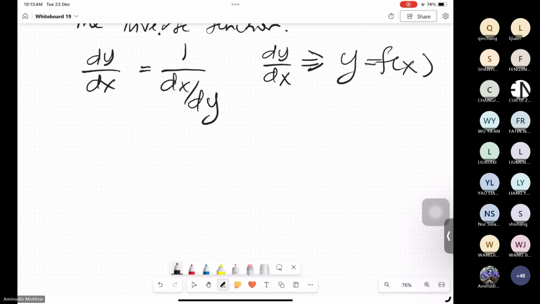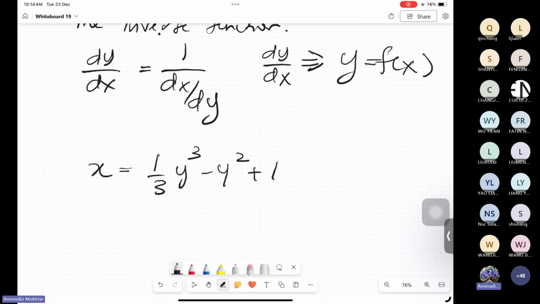For example, let's say I have this function: x equal to 1/3 times y to the power of 3 minus y squared plus 1.